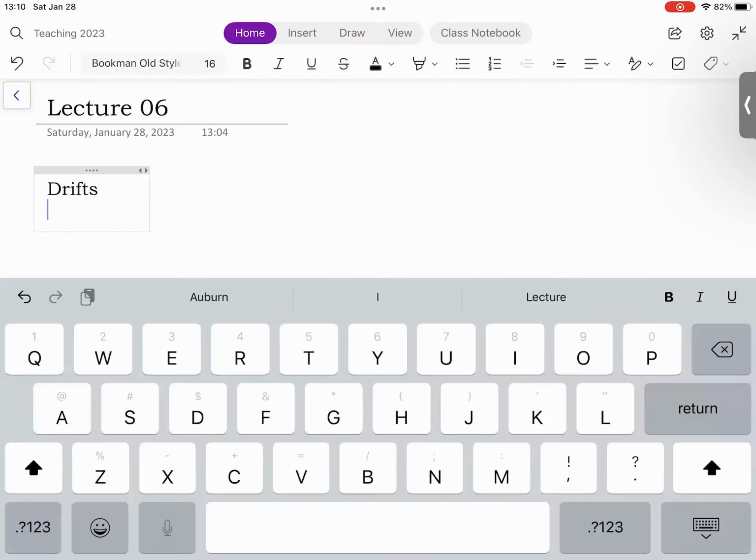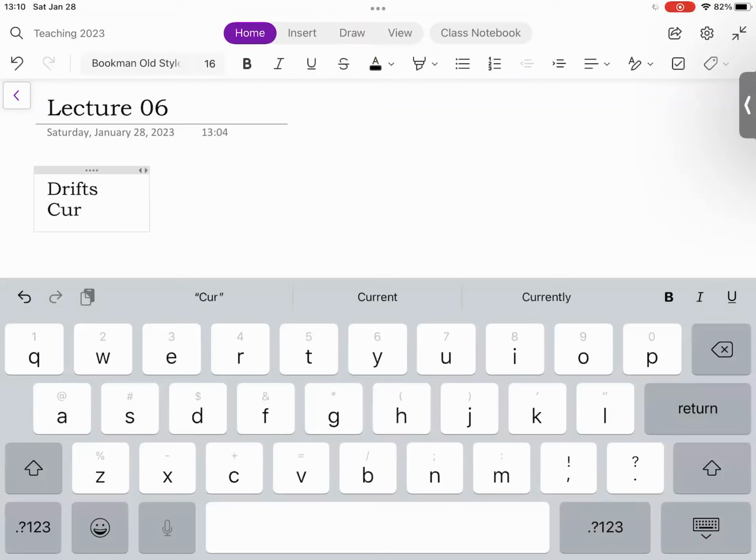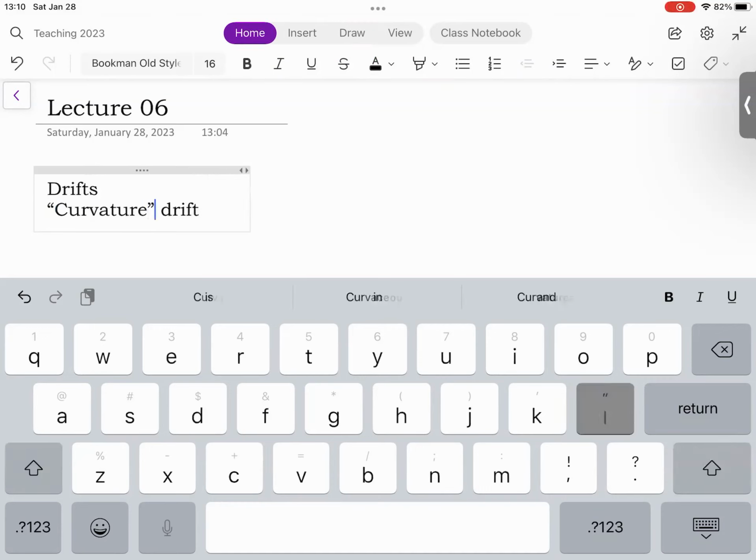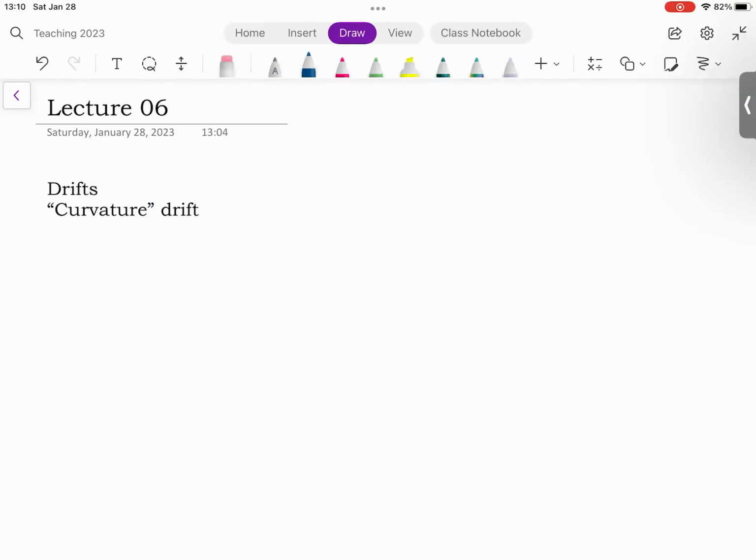And it's called the curvature drift for a good reason. It does happen only if the magnetic field is not straight. And we wrote the expression for the curvature drift in a couple of different ways.